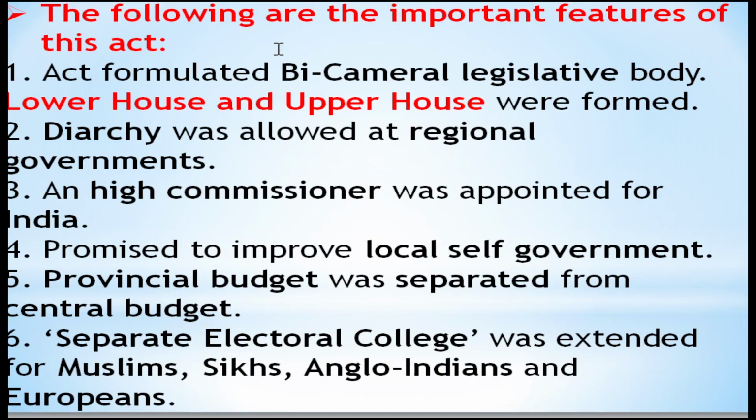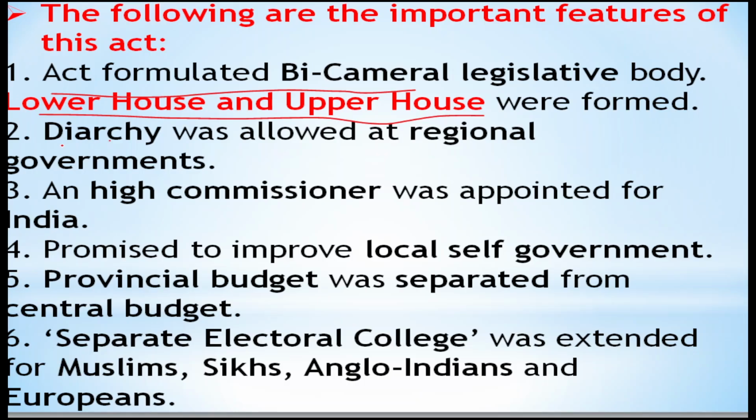Now the main features of this one. According to this, we got a bicameral legislature. Bicameral means two houses in the legislature: one is the lower house and the other is the upper house. And dyarchy was allowed in the regional government.